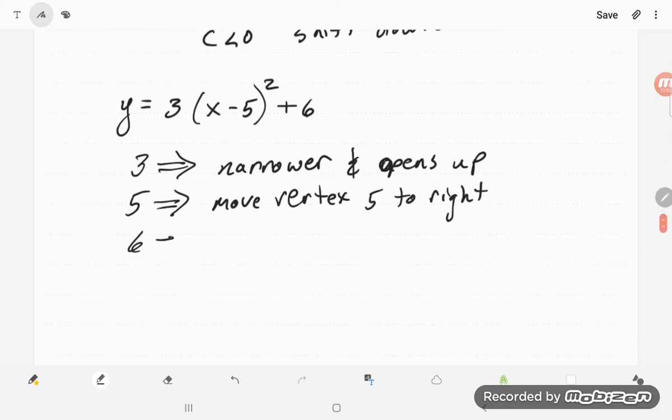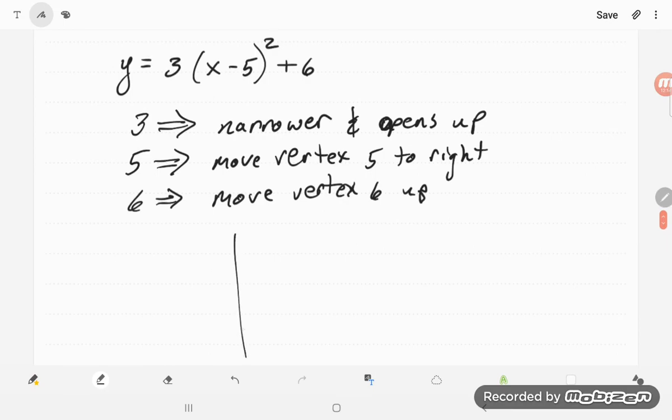And 6 says move vertex 6 up. And so to plot this thing, I would come over here to 5, 6, and put that for my vertex. And then draw it up like that. Now, did I make it narrow enough? I don't know. I'd probably look at something like Desmos to be sure. But it would do something like that.